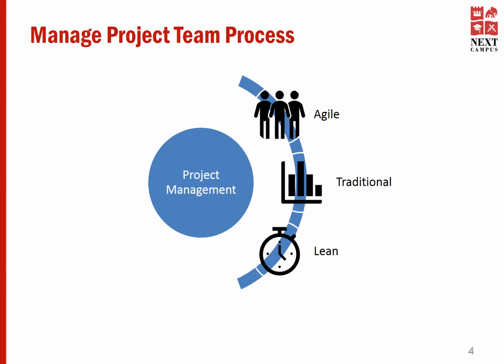Managing project teams could be done using agile, traditional, and lean ways. PMBOK talks about traditional project management. However, the latest version also talks about the agile approach. Since most of the organizations globally are moving towards agile mindset and lean mindset, it's important that we adopt some of these agile and lean practices in managing project teams.